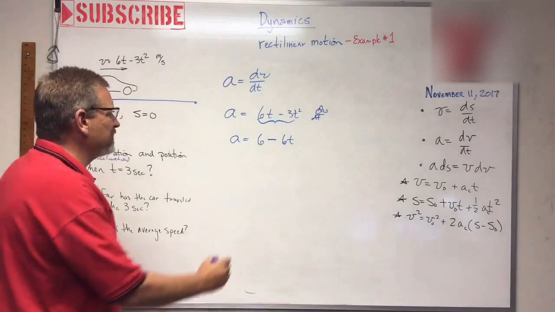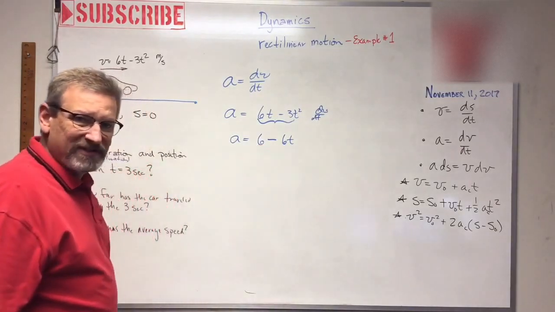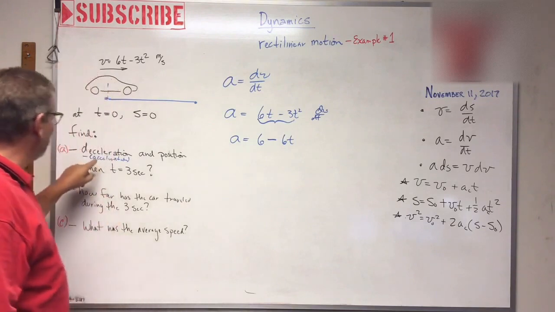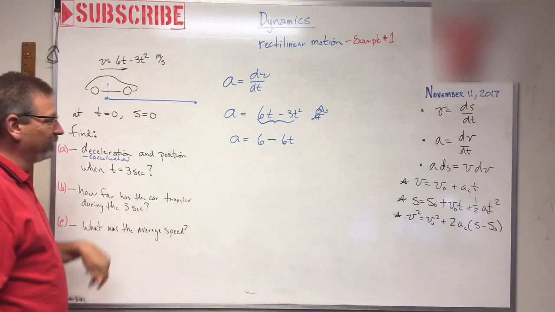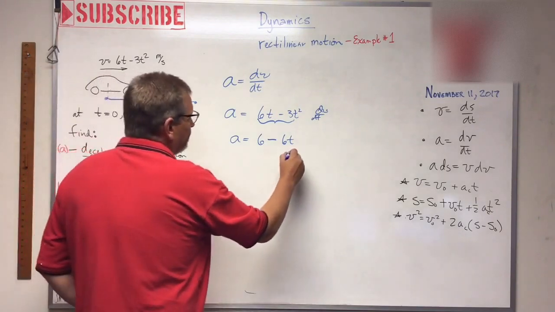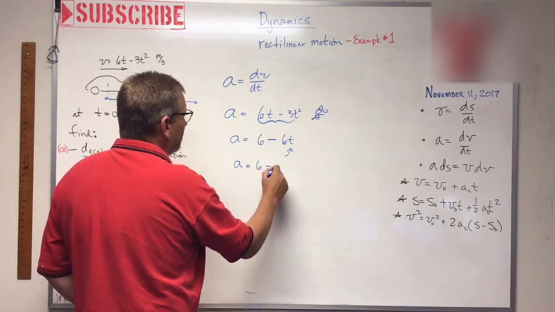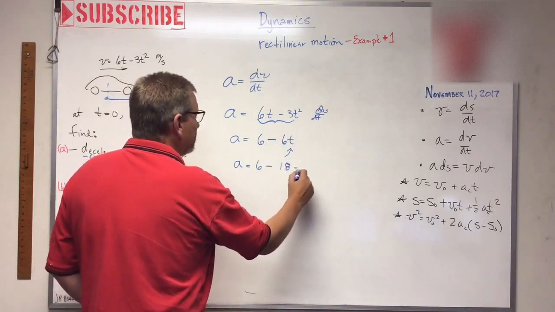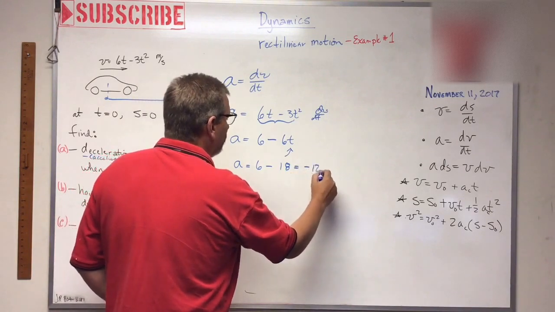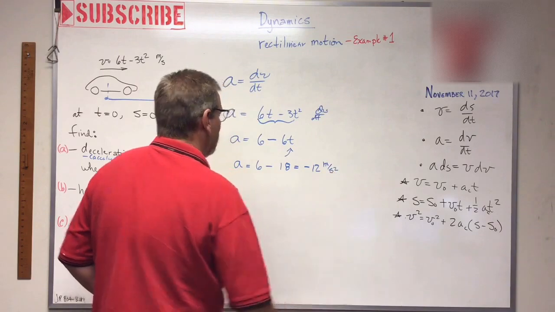So there's an equation for acceleration at any time. So what time do you want to use? Well, they say find the deceleration and the position when t equals 3 seconds. So if we put a 3 right there, what do we get? The acceleration is equal to 6 minus, what is that guy, 18, which is equal to minus 12, and that's going to be meters per second squared.